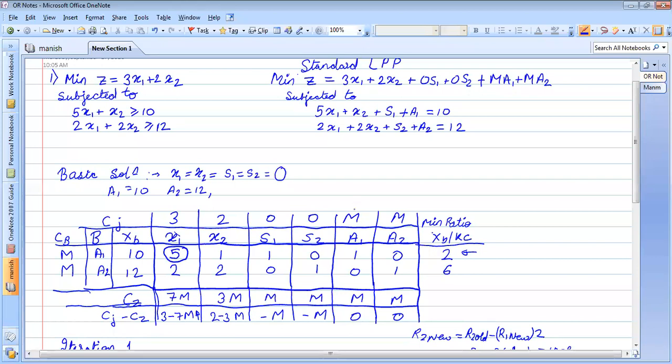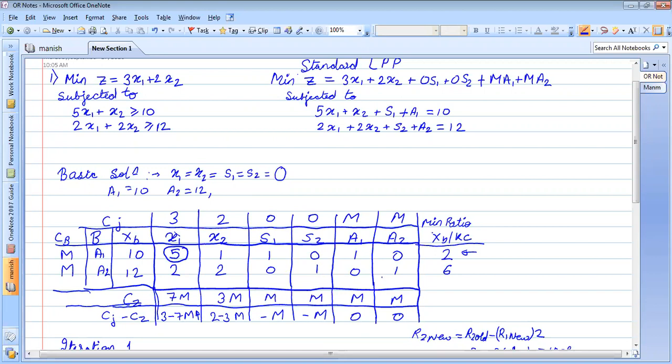Then coefficient of a1 in constraint 1 is 1, coefficient of a2 in constraint 1 is 0. Similarly, we will write constraint 2: 2, 2, 0, 1, 0, 1.